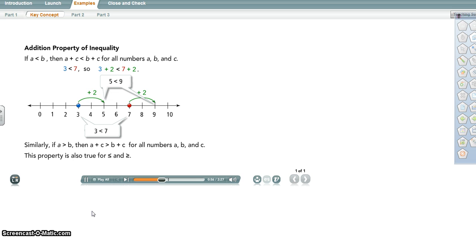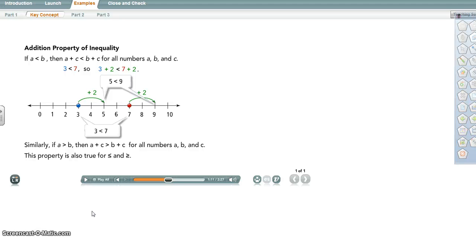Similarly, if A is greater than B, then A plus C is greater than B plus C for all numbers A, B, and C. The addition property of inequality is also true for less than or equal to and greater than or equal to. So just like with equations, we were able to add a number as long as we added it to both sides of the equation and it still remained equal.